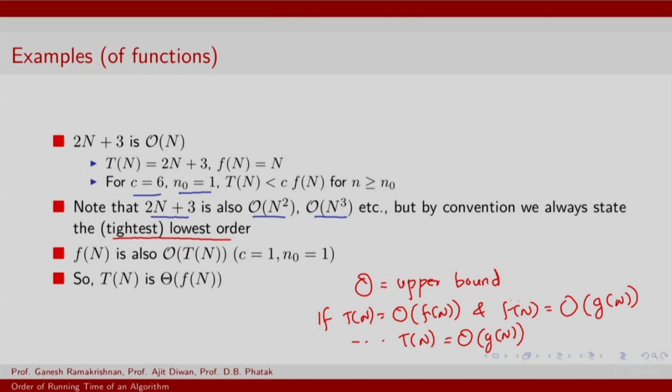We want to go as close to Tn as possible. So generally, by big O of Fn for Tn, we mean the tightest upper bound.